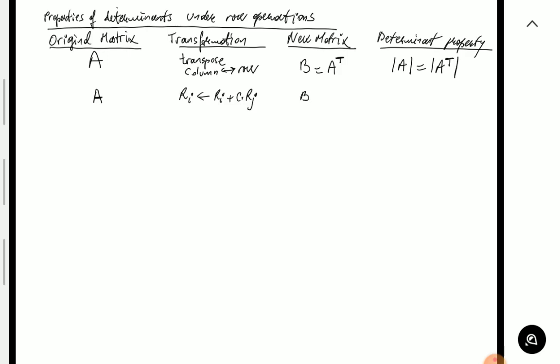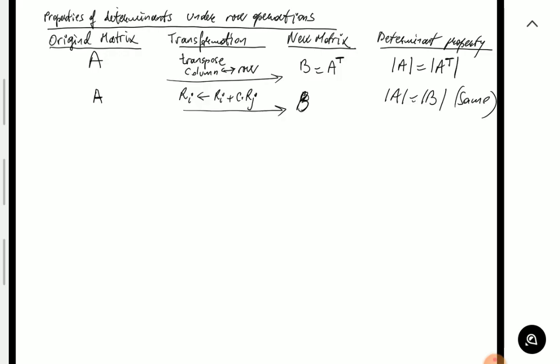The main property is that the determinant is the same. Under this row operation, when you replace one row with a row plus a constant times another row, you get the same determinant.